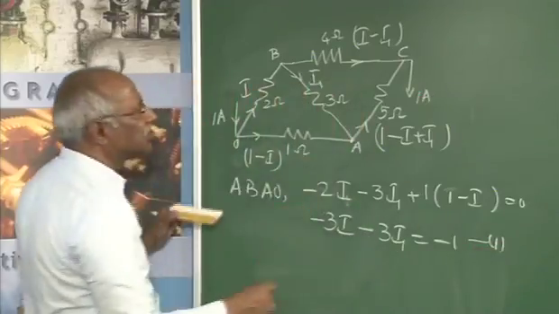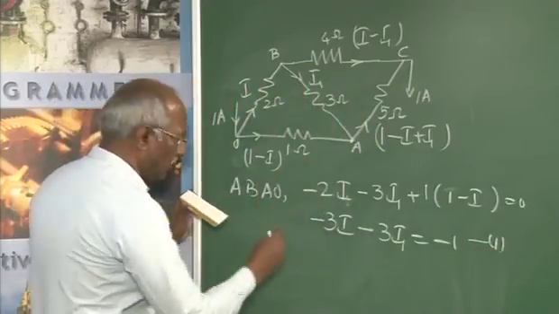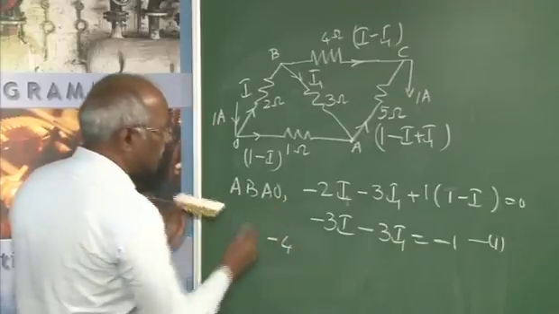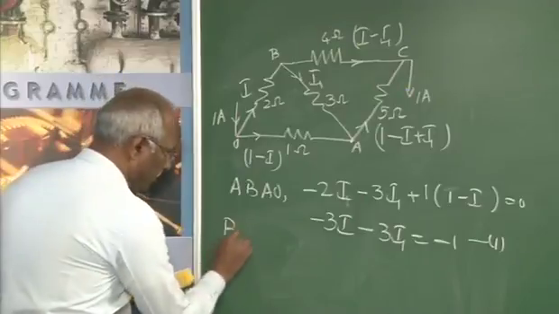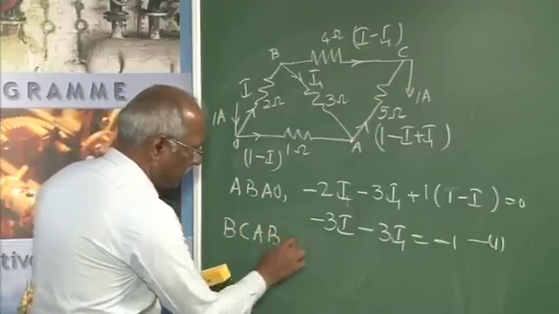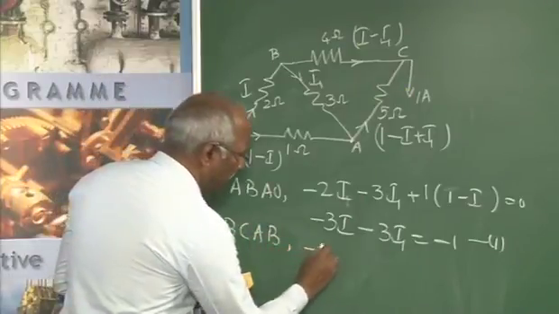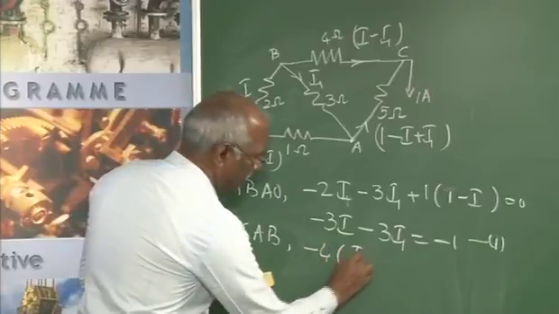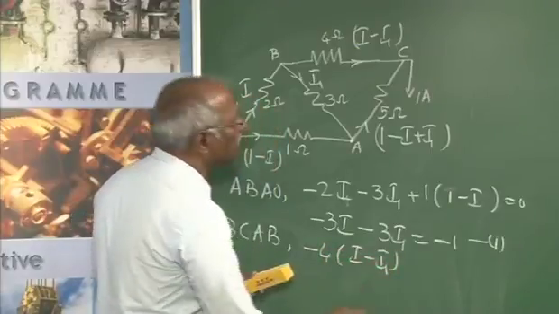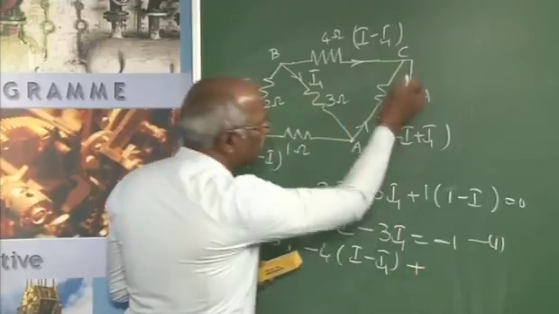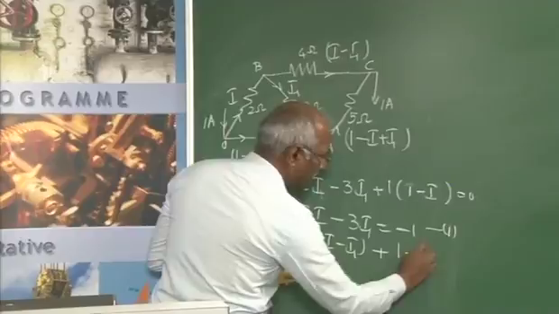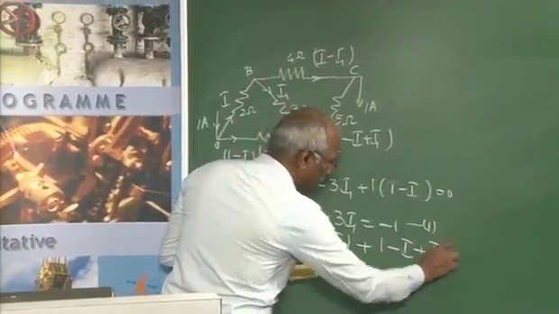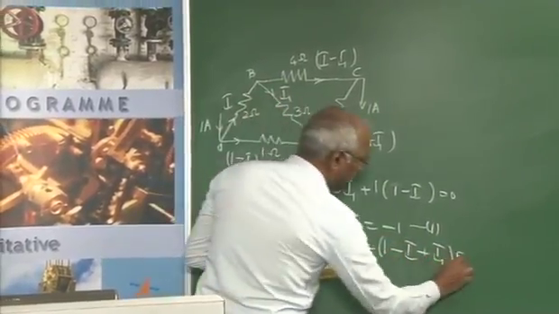Now go for this loop, B, C, A, B. It will be minus 4 into (I minus I1), then plus, as we are going against the current, (1 minus I plus I1) into 5.